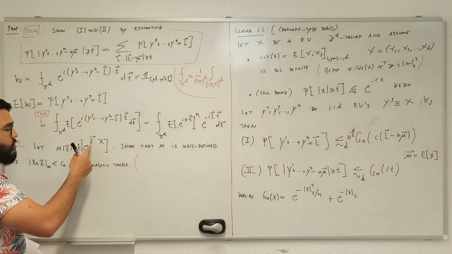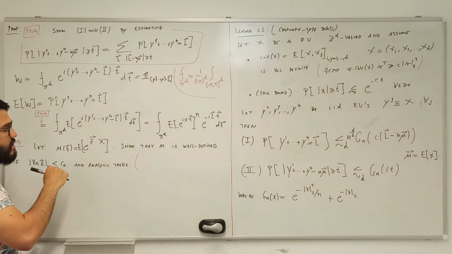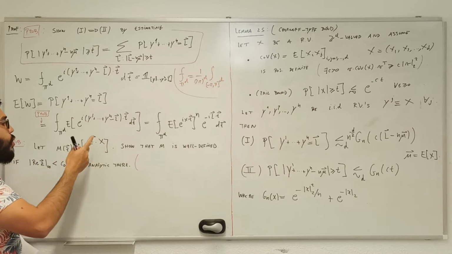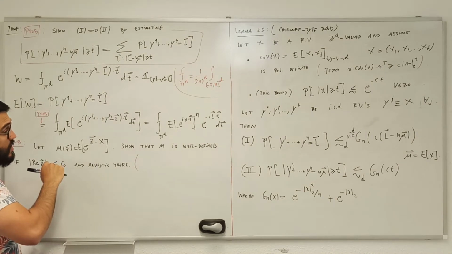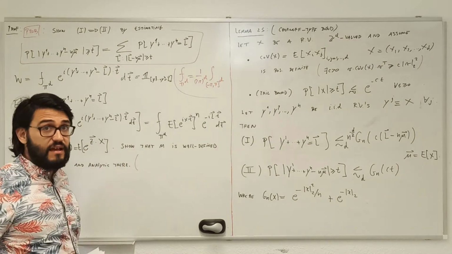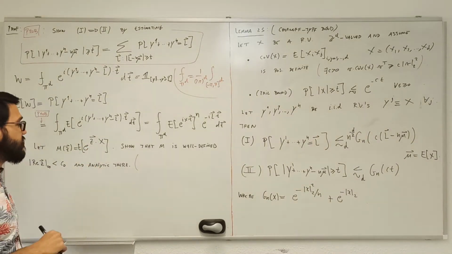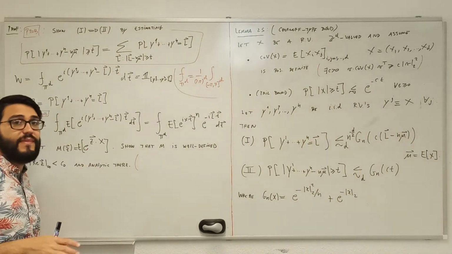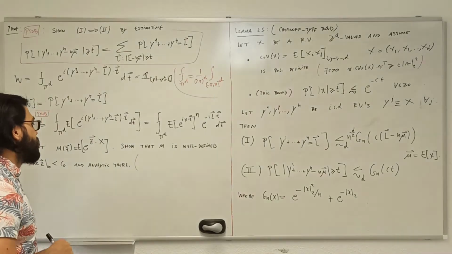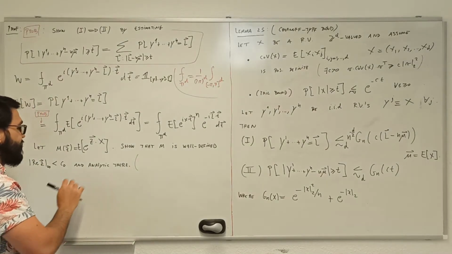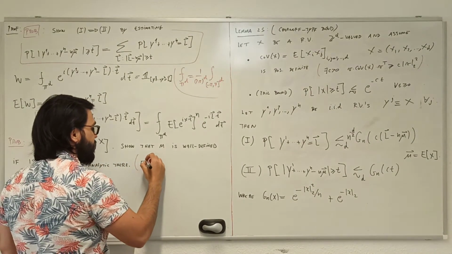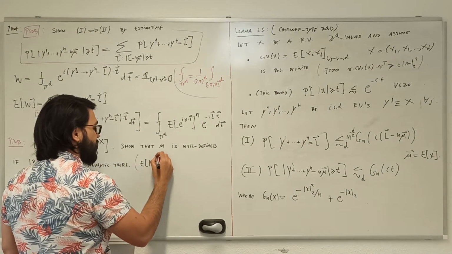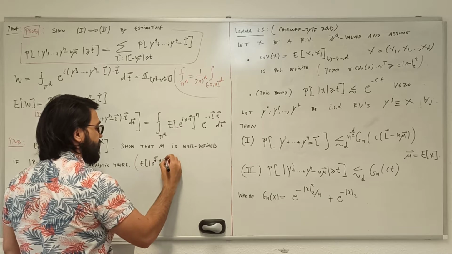You can either use Morera's theorem to show that it's analytic in each variable, or just try to differentiate this exactly, and then show that you can differentiate. So maybe you have to use the dominated convergence theorem to show that, for instance. But anyway, the analytic part is up to you. I will give a hint for the other part. Basically, you just have to estimate that this is finite.